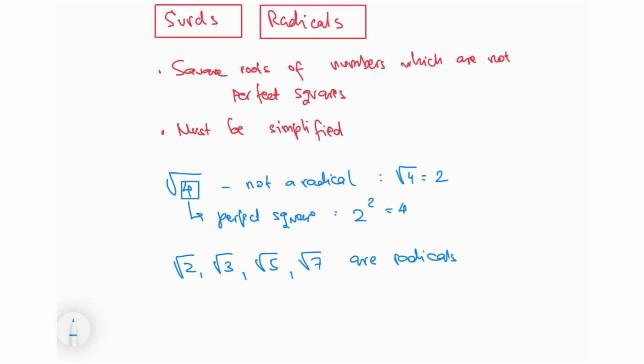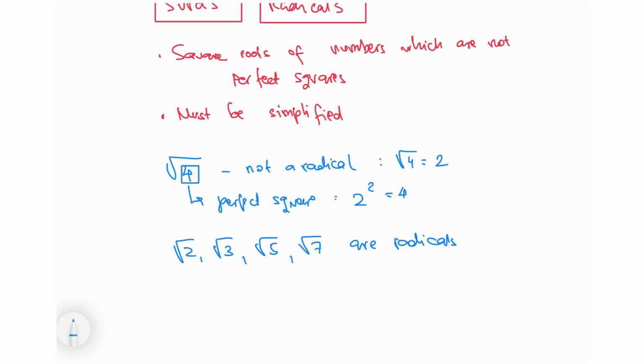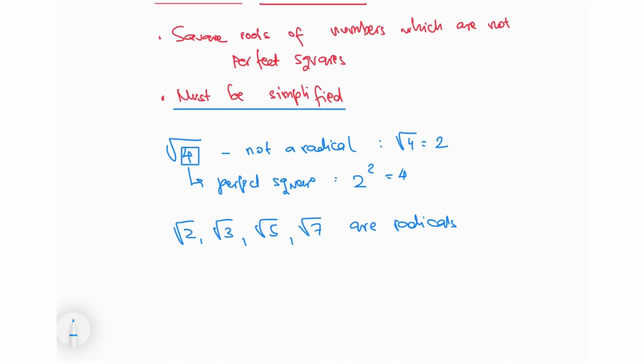Now, some books say, for example, this is why I have said here must be simplified. Square root 8. We want to simplify this because we can write this as square root 4 times 2, then we can split, and that is 2 square root 2.